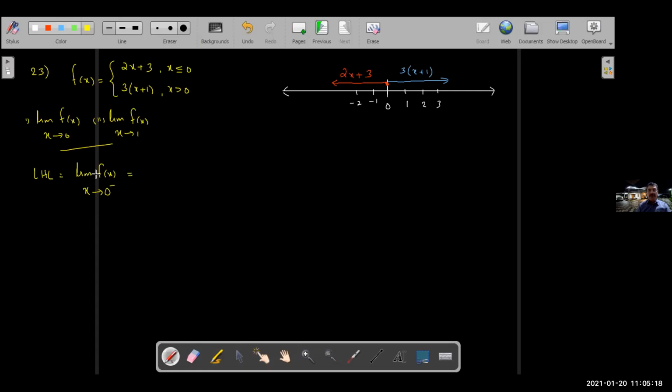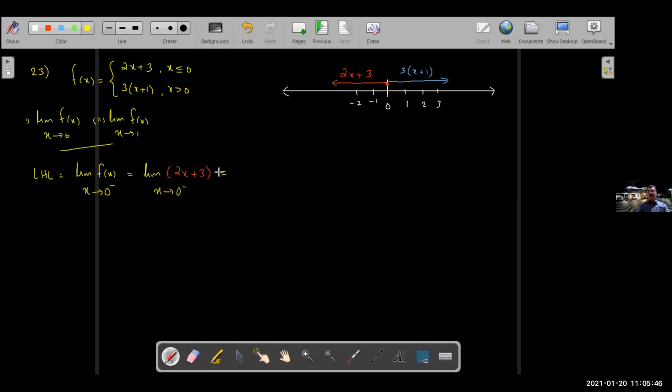0 minus f(x) means we are taking the definition of function towards left of 0. So it is limit x tends to 0 minus. And see, left of 0, from the figure we can make it out. What is the definition of function? It is 2x plus 3. Towards left of 0, it is 2x plus 3.